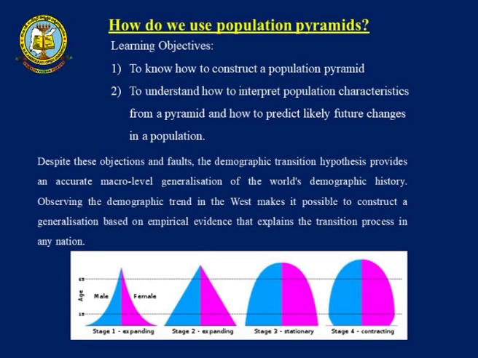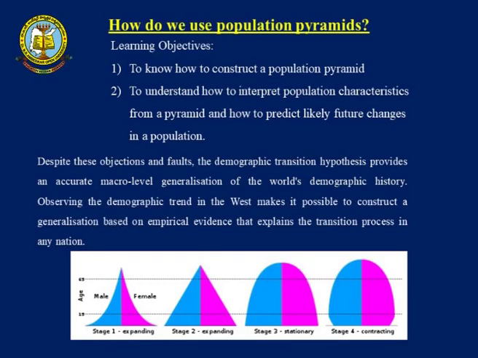So I thought to discuss a little bit about how to construct a population pyramid, how to interpret population characteristics from a pyramid, and how to predict likely future changes in the population. Because as I was discussing in the applicability, this demographic transition theory is applicable to predict what can be the next stage in any country.